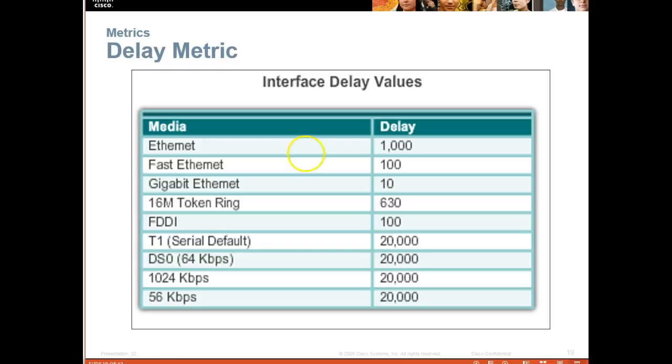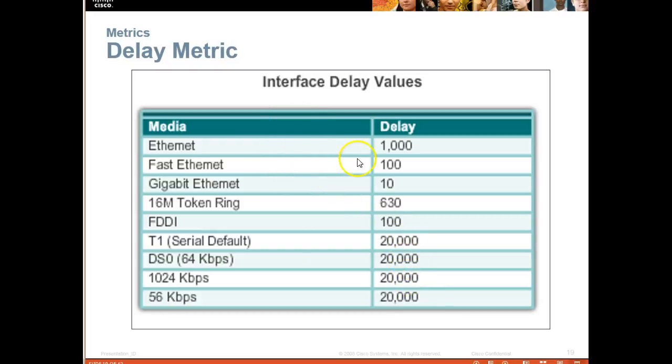And here are the interface delay values. If you have Fast Ethernet, you have a delay of 100. Ethernet is a delay of 1,000. Gigabit Ethernet is 10.